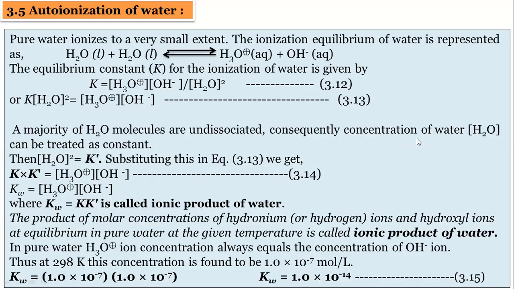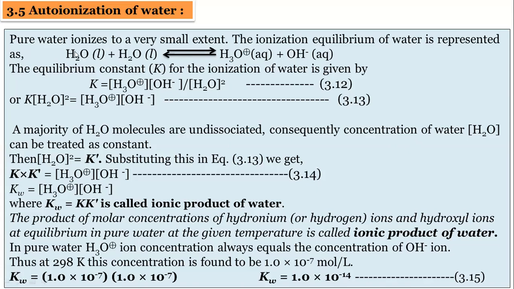So we will start the next part, that is ionization of water. So actually the pure water, when it is dissolved in water, means pure water ionizes, it is in very small extent. So the ionization equilibrium of water is given. So water is dissolved in water here.